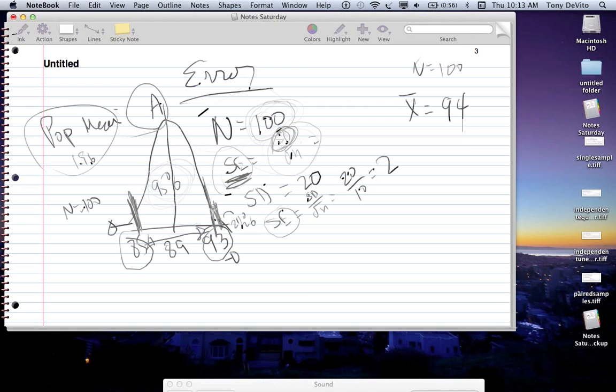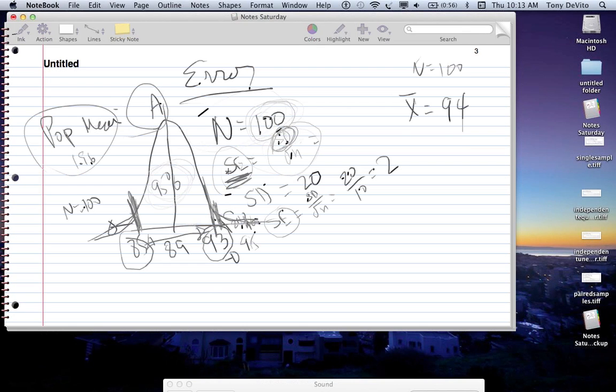This tail here is almost asymptotic. It goes way out like this, but the probabilities get really, really tiny at the end. The probability of getting a mean like 95 is only a real small fraction of a percent, very, very unlikely.